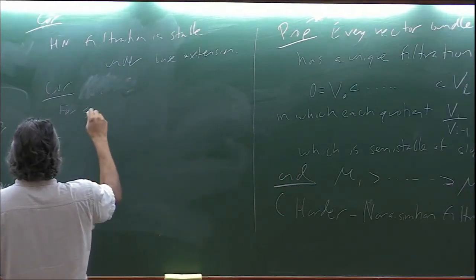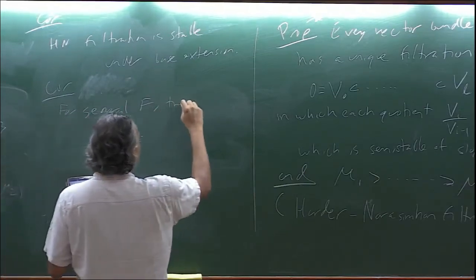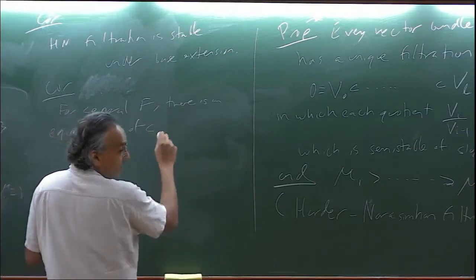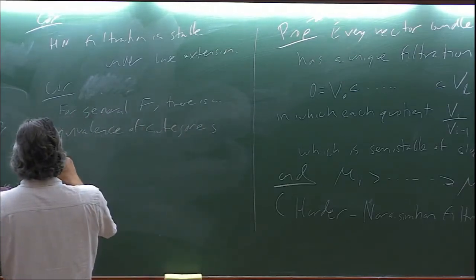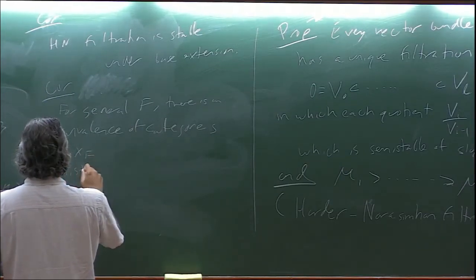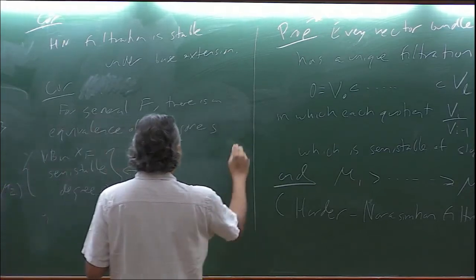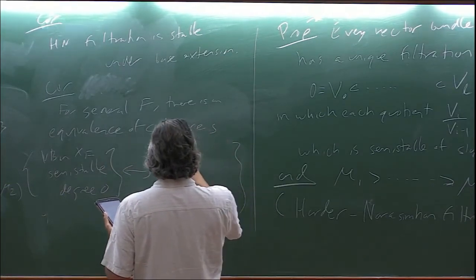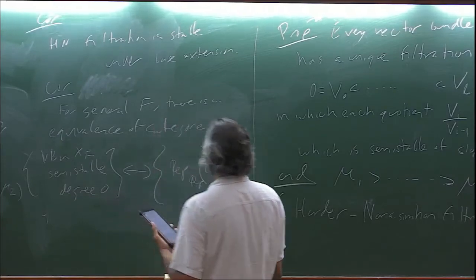So for general F, there is an equivalence of categories from vector bundles on X_F which are semi-stable of degree 0, and the category of continuous representations of G_F on finite dimensional Q_p vector spaces, so Rep Q_p of G_F.